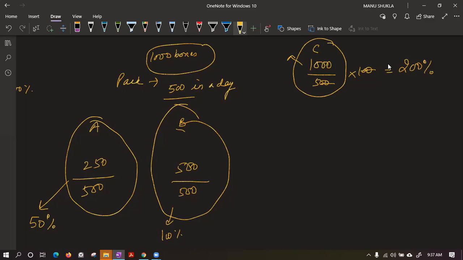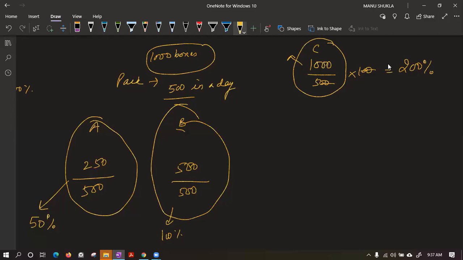So in this case, percentage is possible more than 100. In your examination, it is not possible that you can get 200% marks, because out of 10 you can get maximum 10 only. But when you are working in a company and you have to pack something, you can have extra work like this.